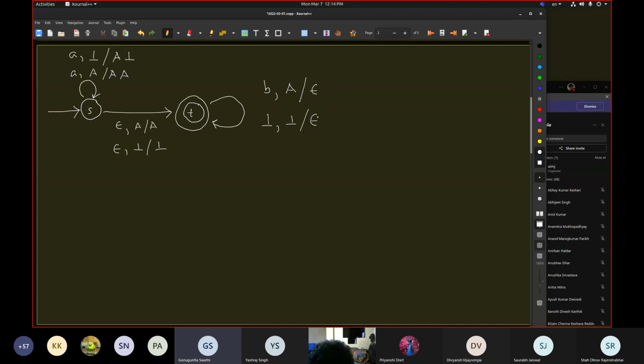Yes, A power n, B power n. So this accepts A power n, B power n. We have seen this machine earlier, for all n greater than or equal to 0. Okay.